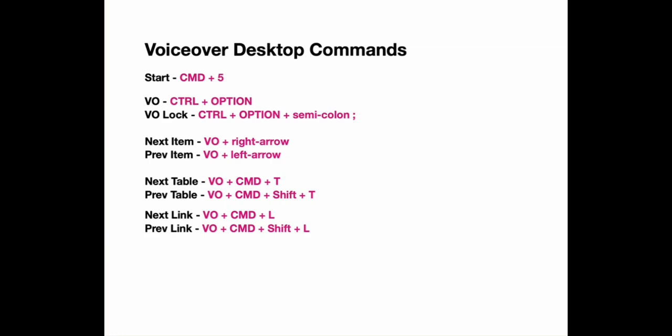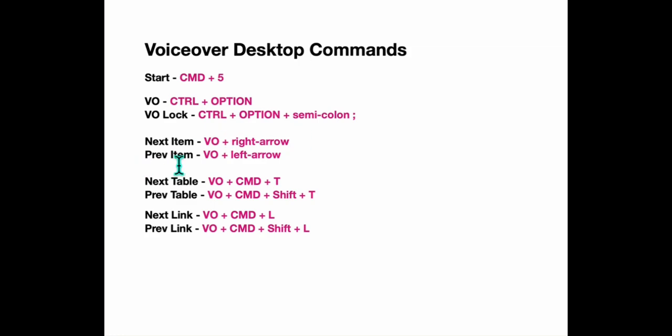Just summarizing them, to start, it's Command + 5. VO, which is your VoiceOver key, is Control and Option. To lock your VO key, it's Control, Option, and semicolon. The next item, it's your VO key, which is your Control and Option, plus right arrow.